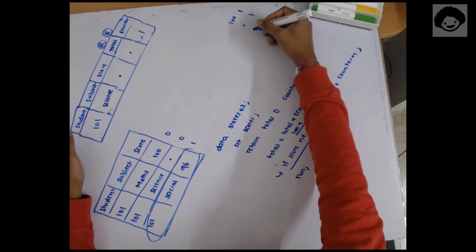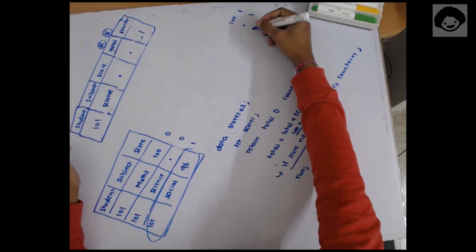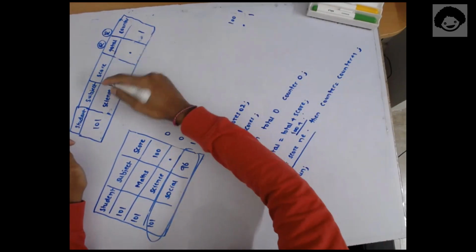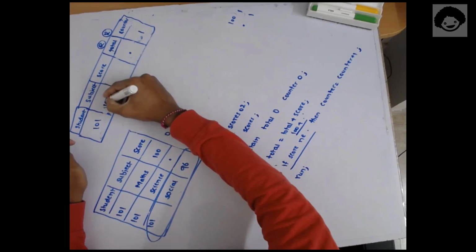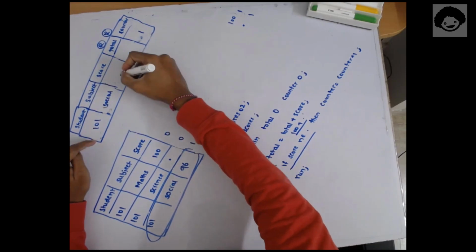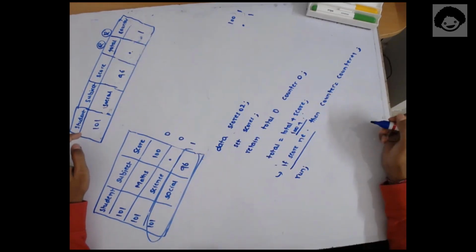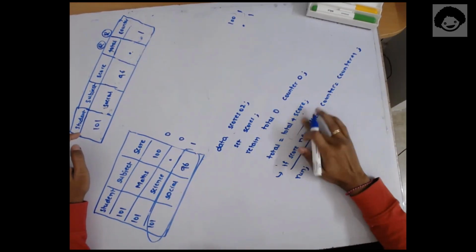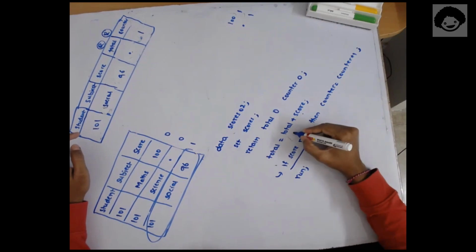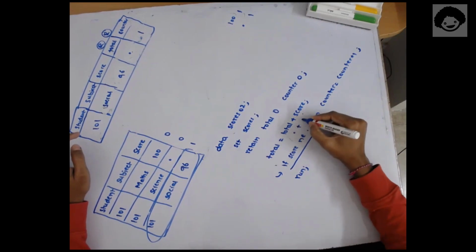What is happening again on the third observation? The score for social would come into the PDV, which is 96, but the total is missing. So what is happening now on this record? We are performing a missing value operation.